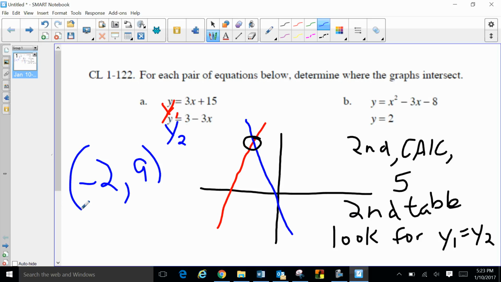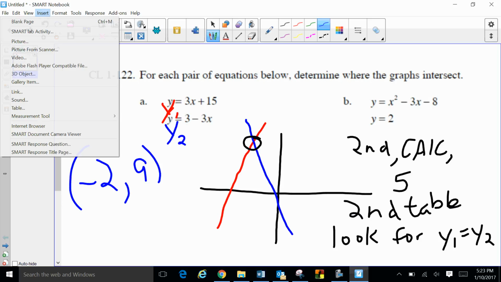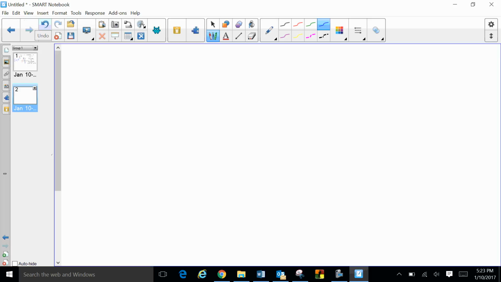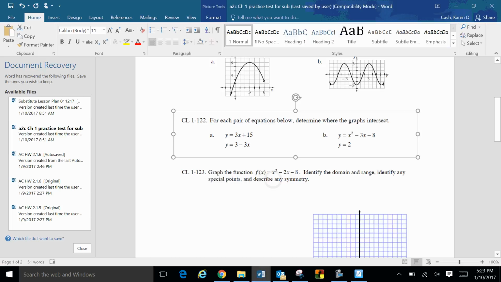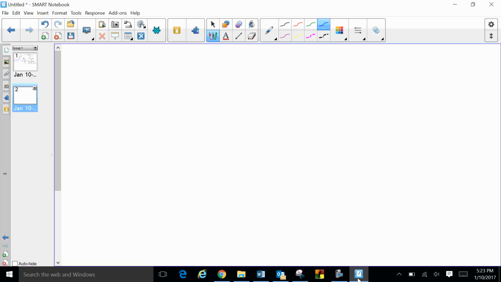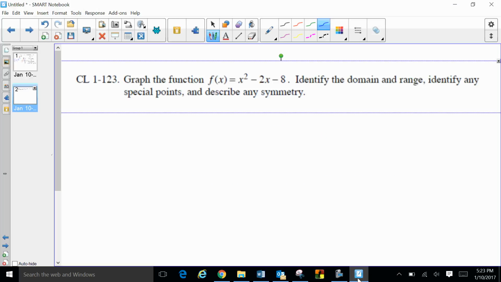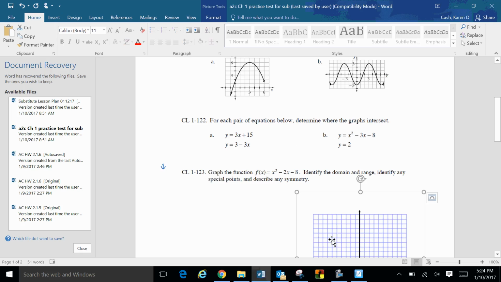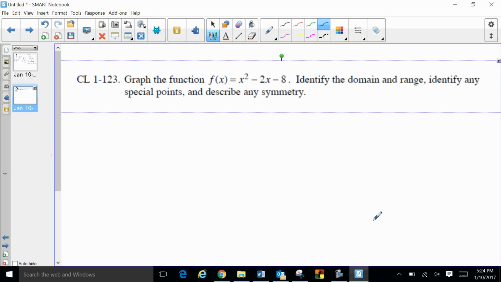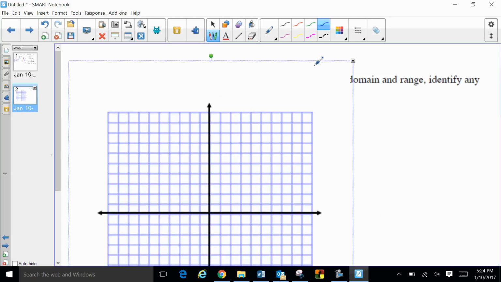Give me just a second to insert a new page and get the problem from the work over here. All right, there's our problem, and let me go ahead and get a piece of graph paper. And I am going to have to shrink that graph down just a little bit.